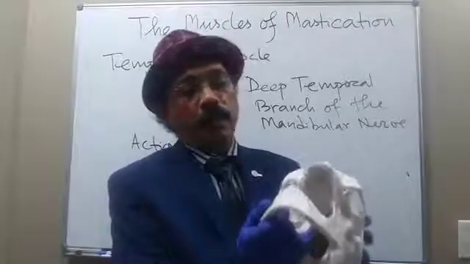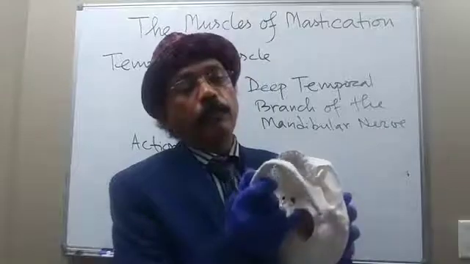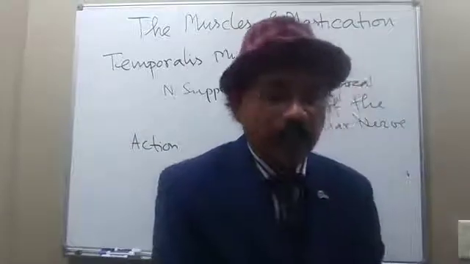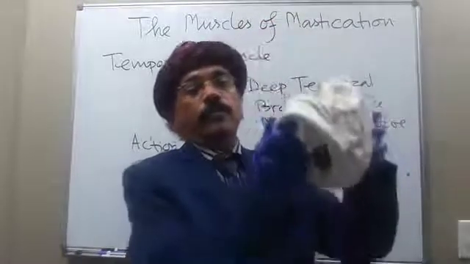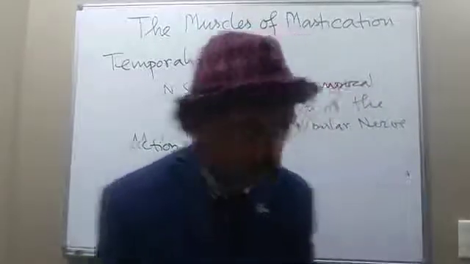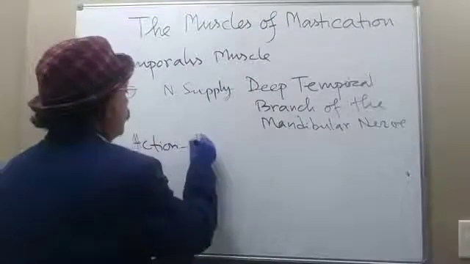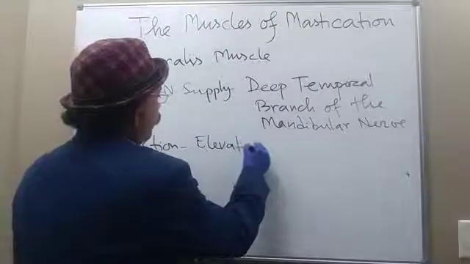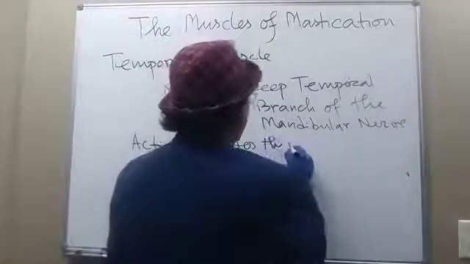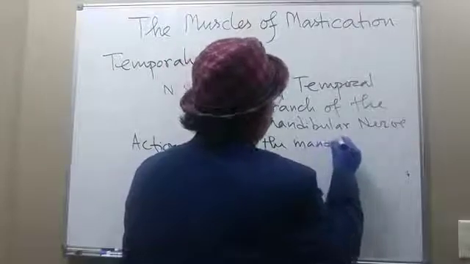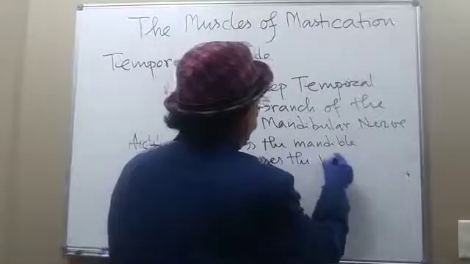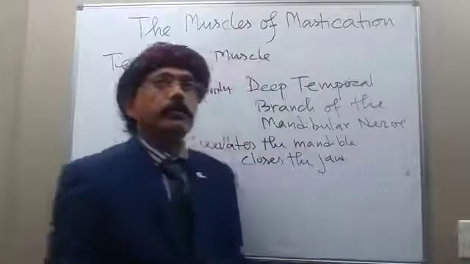If you pull the bone towards the origin, then it will close the jaw, that is, it elevates the jaw and closes the jaw. That is the action of the temporalis.